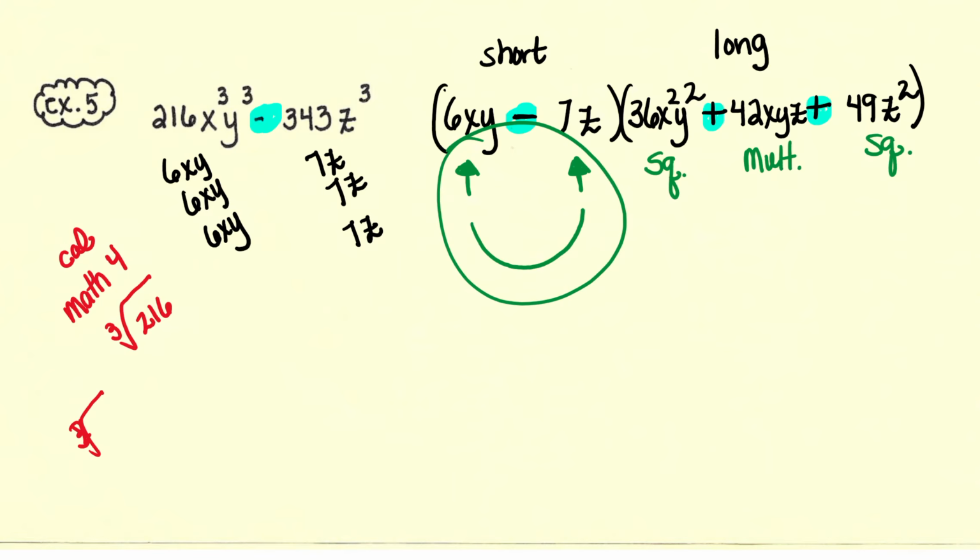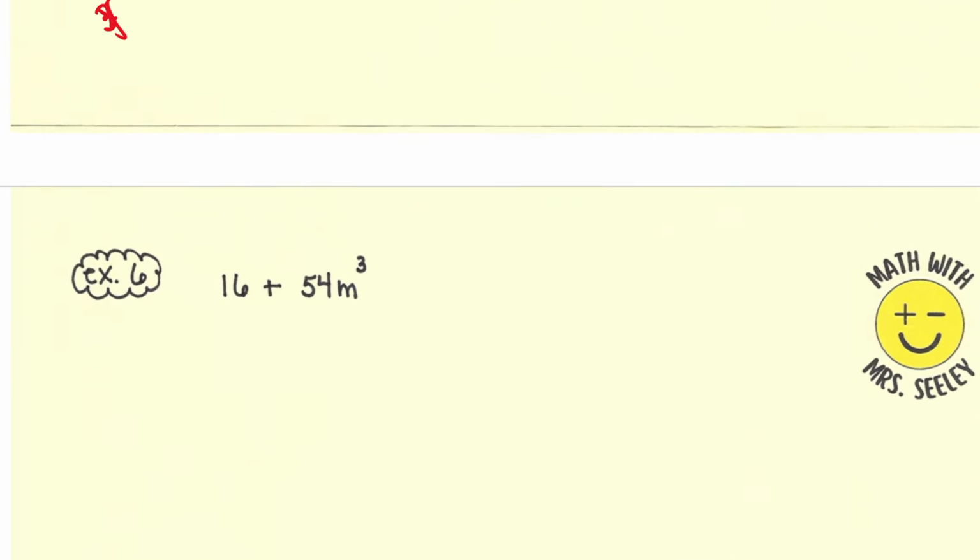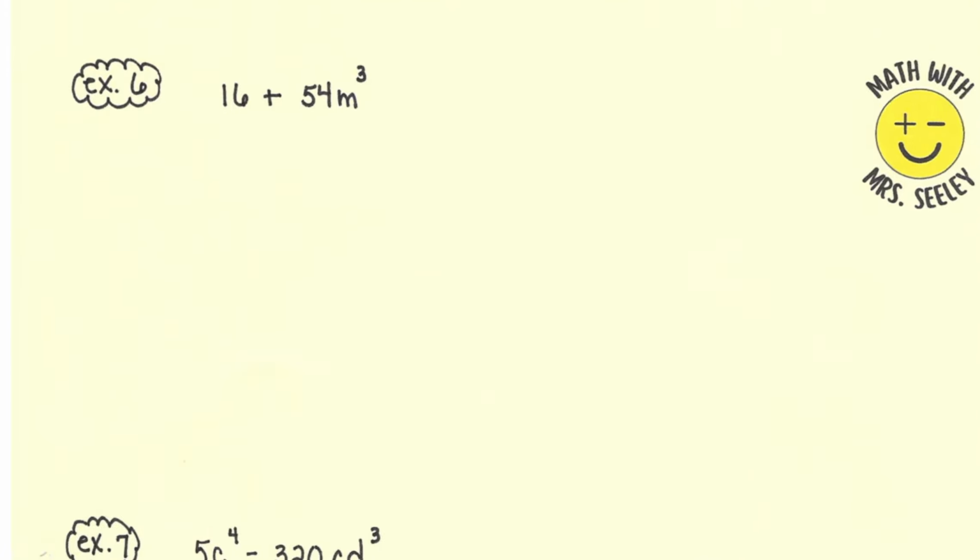They're very, very similar, except there's just a small twist. When I look at this number, I can see that it doesn't fit my pattern of having a perfect cube. It's not something times something times something. But if I look closely, I might see that there's a greatest common factor. So let's take out a greatest common factor.